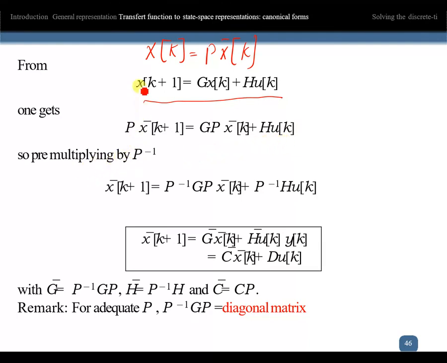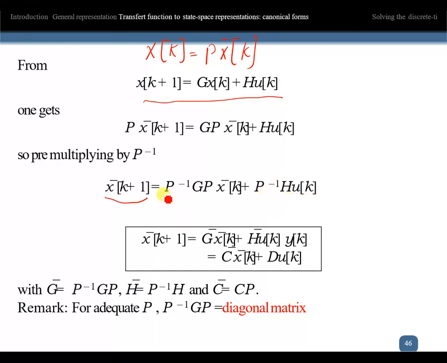If both sides are multiplied by P inverse, P inverse P becomes 1, becomes x hat (k+1) equals P inverse G P x hat k plus P inverse H uk.